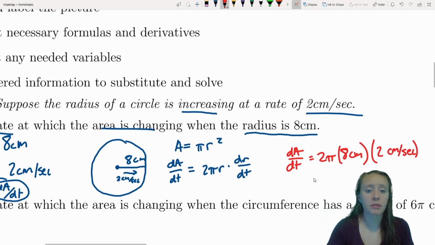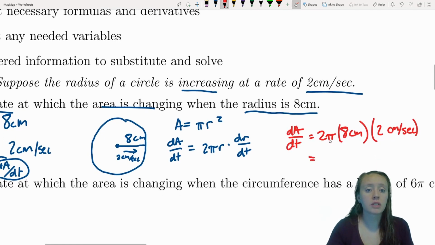And what does this simplify down to? 2 times 8 is 16, times 2 is 32 times pi, so this is going to be 32 pi, and centimeters over seconds, 32 pi centimeters squared per second.